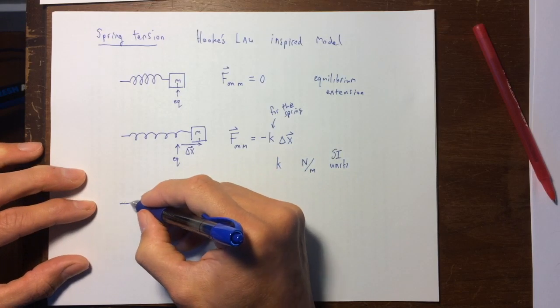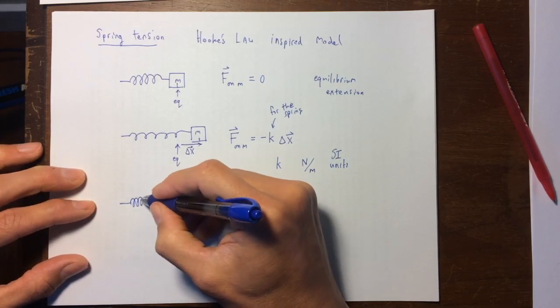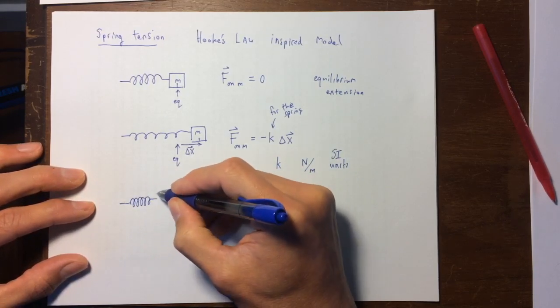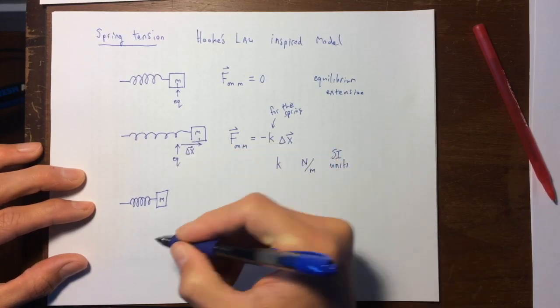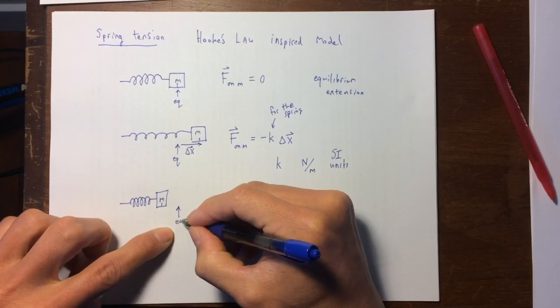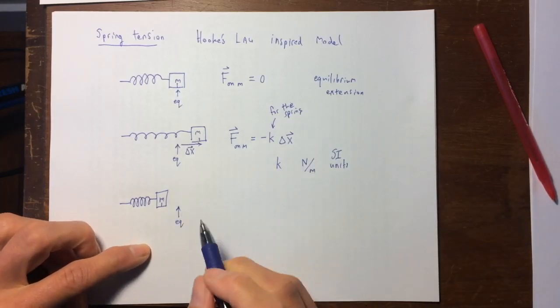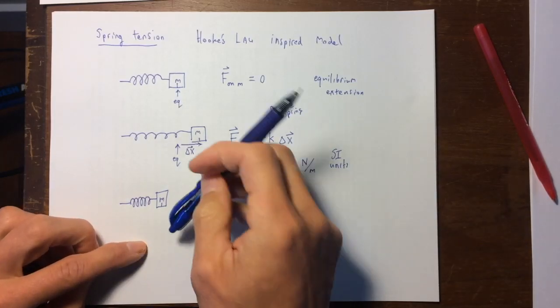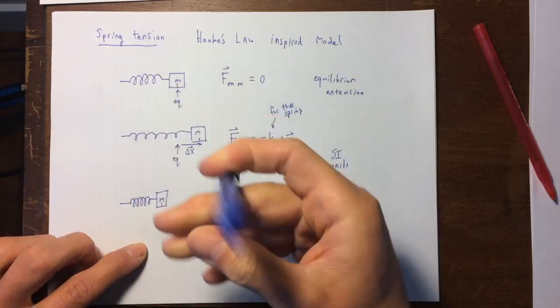Of course, if the spring has been scrunched, so here is the location of the mass, this is equilibrium, you can see that this delta x vector actually points the opposite way.